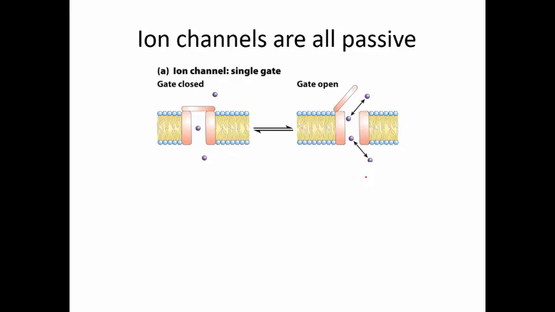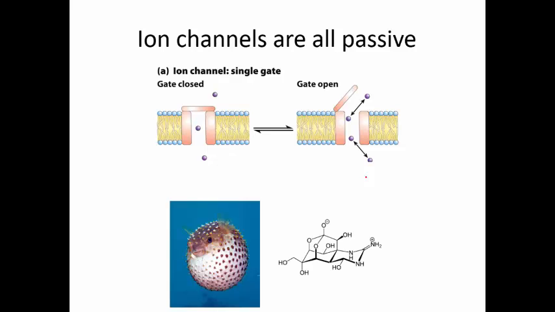They're a huge part of neuron signaling, so your nerves in your brain, and we'll talk about those further in chapter 12. But also there are a lot of things that we think of as toxins that work by attacking or binding ion channels. They can cause paralysis or even death if they block the signals.